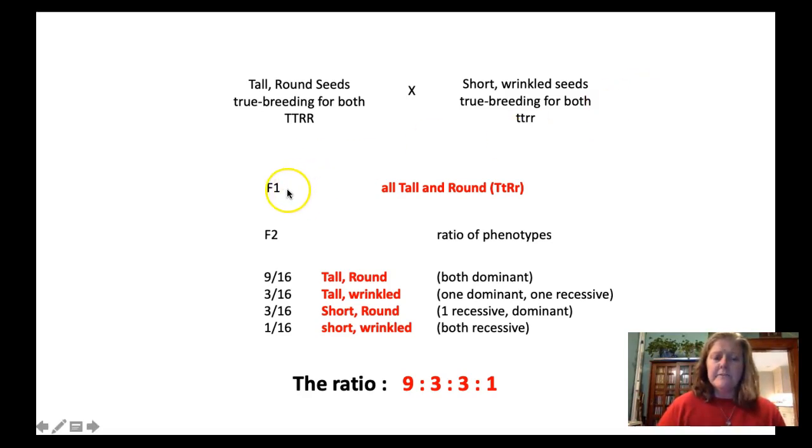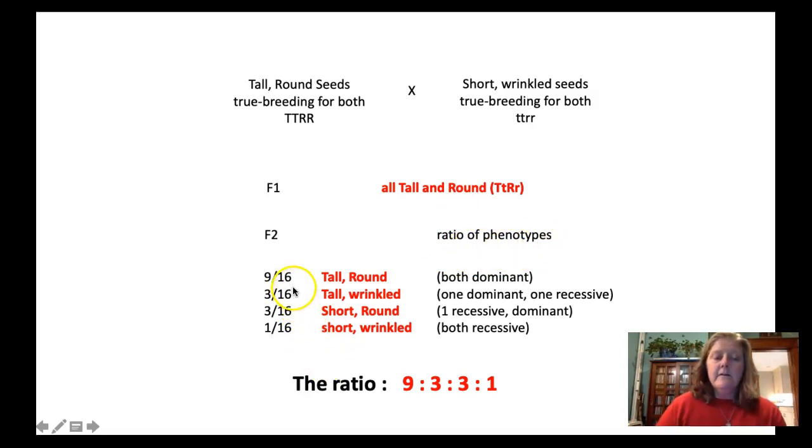So we found also in this case that all the F1 plants showed the dominant trait, so they were tall and had round seeds. To create the F2 generation, he crossed two from the F1 generation. And again, we're just looking at the ratio of phenotypes here, not the genotypes.